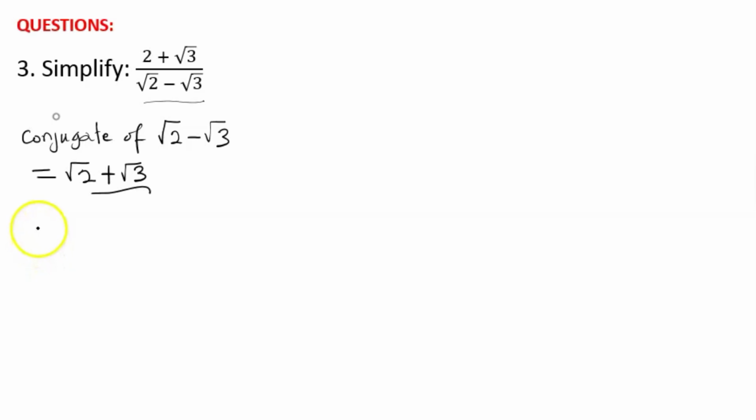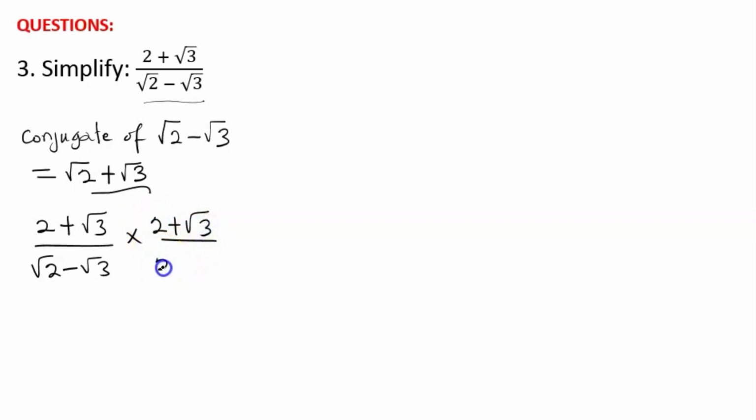All right, so let's quickly, without wasting much time, go straight back to the question. We have root 3 divided by root 2 minus root 3. So what do we do? We multiply both the numerator and the denominator by the conjugate of the denominator, which is going to be root 2 plus root 3.